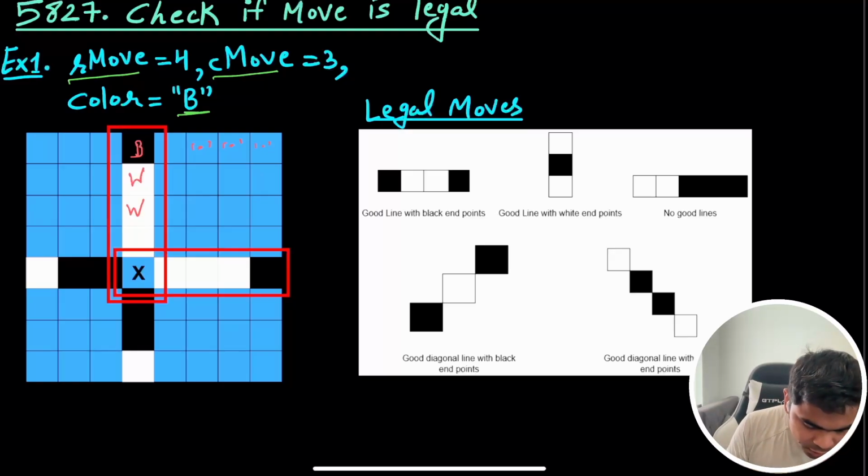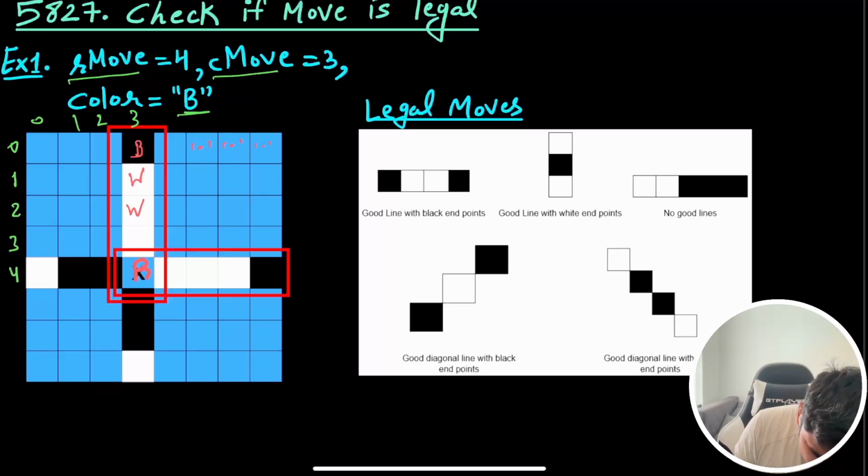Basically, the 4th row, 0, 1, 2, 3, and 4. This is the 4th row and 3rd column, so 0, 1, 2, and 3. This is the position where we are trying to make the move. And the color is black. Now we will be placing this B, black, over here.